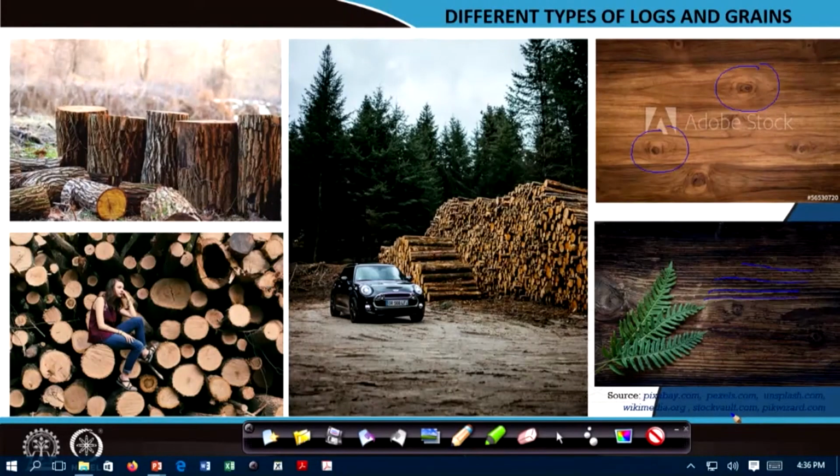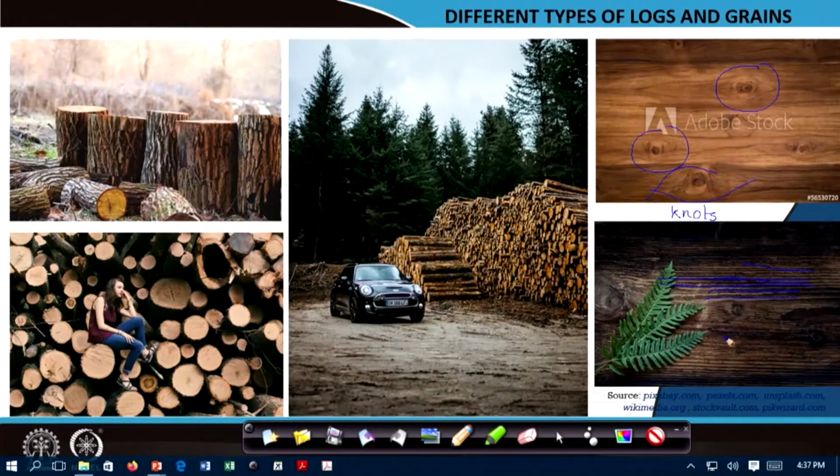These show the grain, how the xylems and phloems are moving, and how they were interrupted due to wind, which eventually gave such knots. They may be good, they may be bad, but they give a beautiful texture to the wood surface. Seeing these lines and knots, you can even go for some identification criteria.